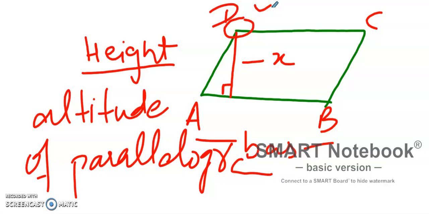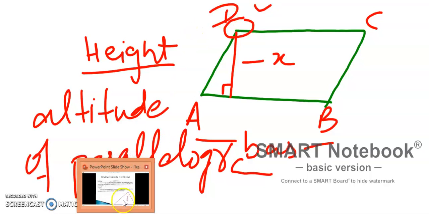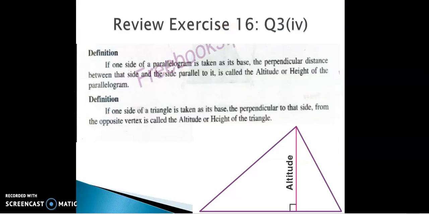Same, we will drop a perpendicular in the case of a triangle. Coming on to the next definition. The first one was the definition of height or altitude of a parallelogram. But the second case is mentioned in your review exercise, part number 4 of question number 3: define altitude or height of a triangle. First of all, let's have a look at the diagram.